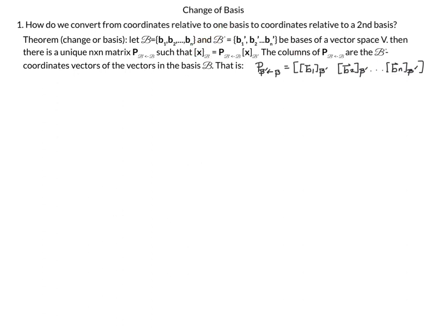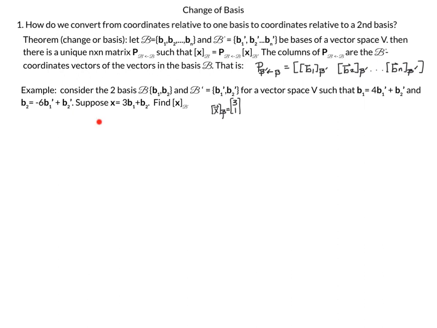And then it tells us how to get this matrix. The columns are our first basis vector in B written in coordinates for B prime, and then our second column will be our second basis vector in B written in terms of coordinates of B prime. And we go all the way until we get to the nth basis vector.